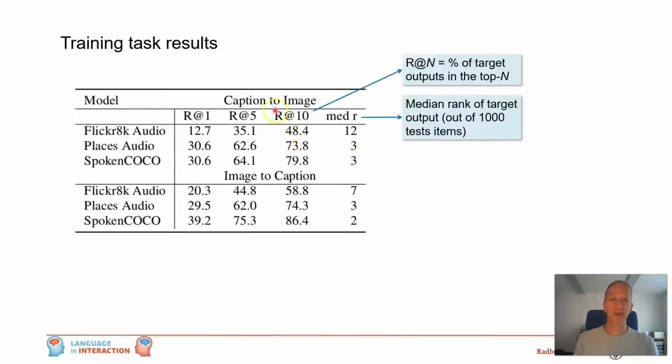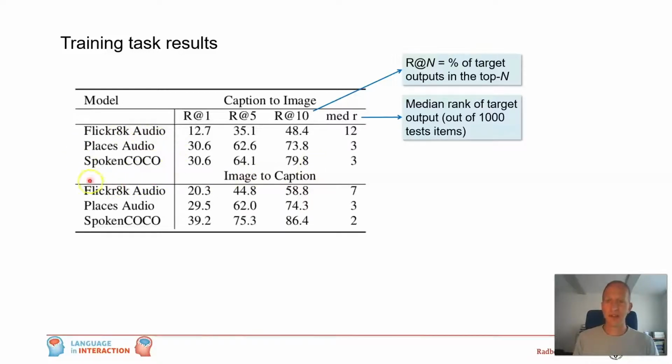What we have here is the recall, that's the percentage of target outputs that are in the top n of the output. As you can see, larger is of course better. Larger recall, a larger percentage, means that for more of the outputs, the actual target is in the top n.